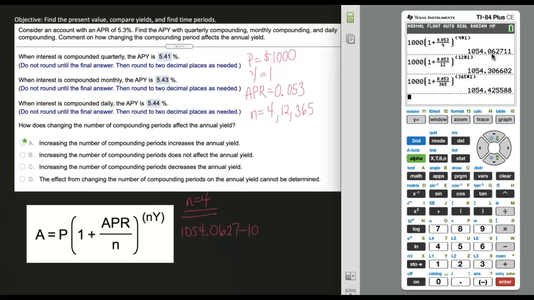I'm going to subtract the reference value, divide by the reference value, and that gives me 0.054067, which written as a percent is approximately 5.40%.